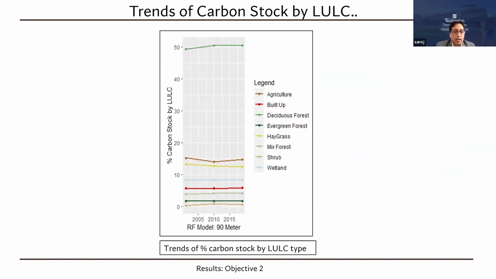In most of the land use land cover types, the carbon stock was somewhat stable to slightly changing, but there's a clear indication of increased carbon in deciduous forest areas.